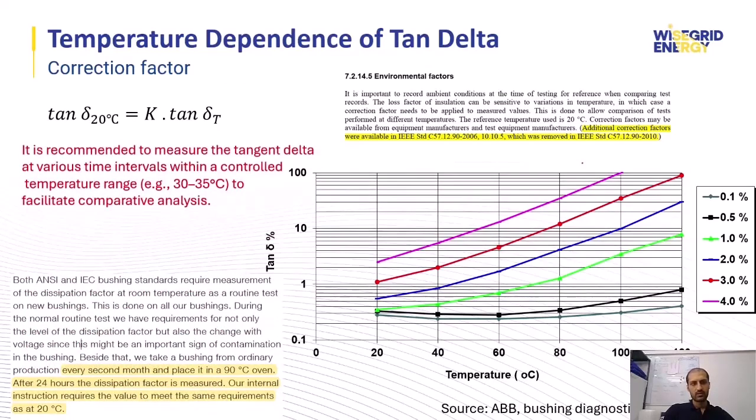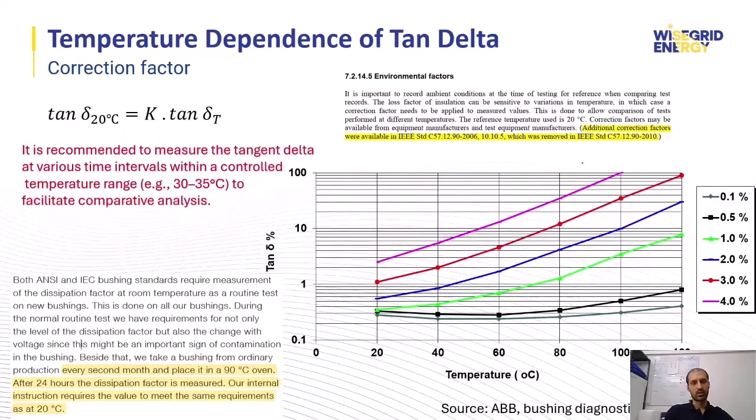And the last important recommendation is to measure tan delta at various time intervals within a controlled temperature range, for example, 30 to 35 degrees, to facilitate comparative analysis, because as we've seen from these slides, the new version of IEEE doesn't support the correcting factors, and we need to have a correcting factor for each equipment from the manufacturer.